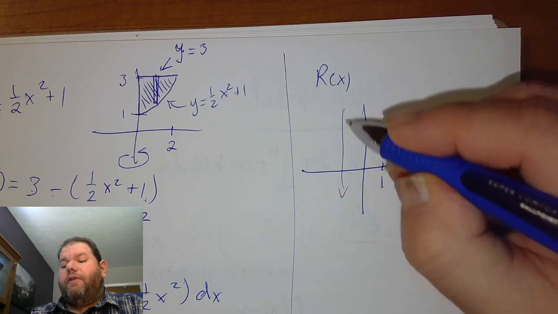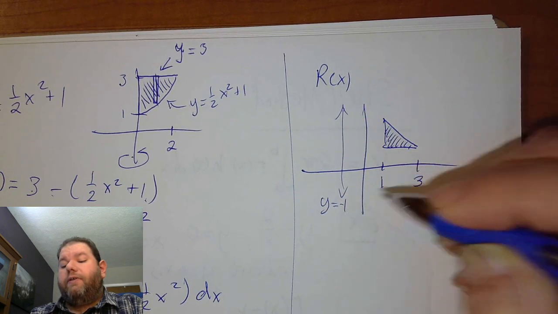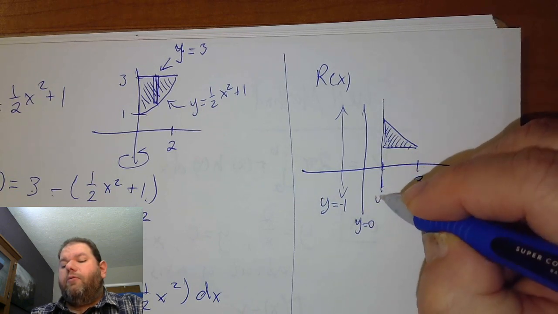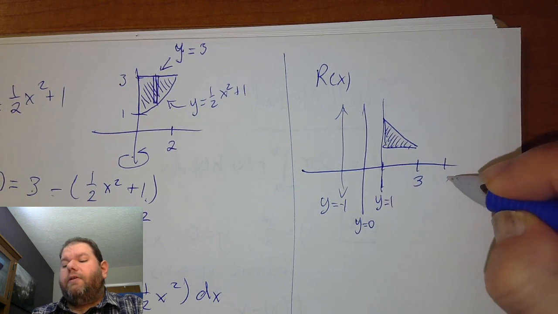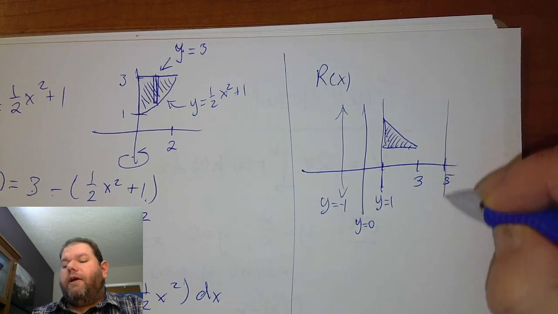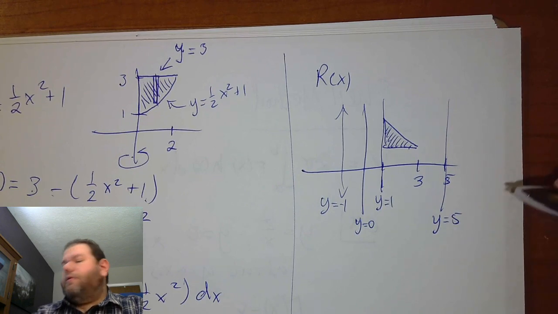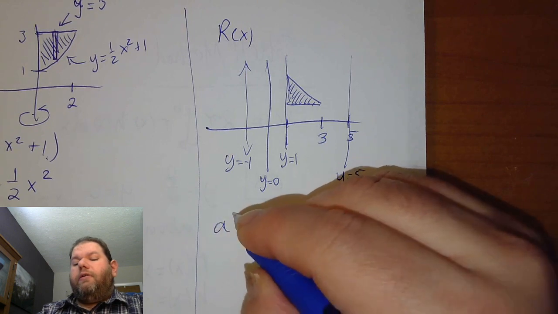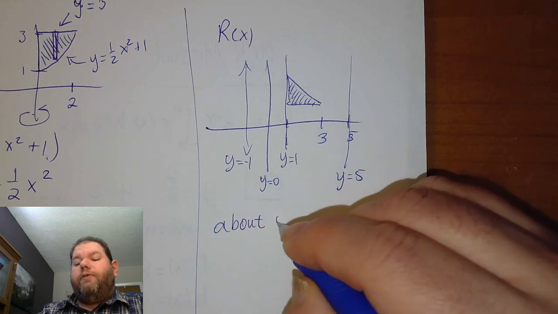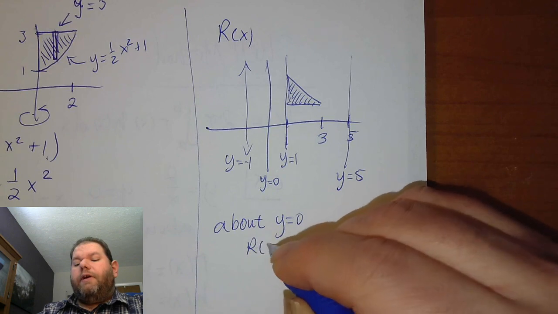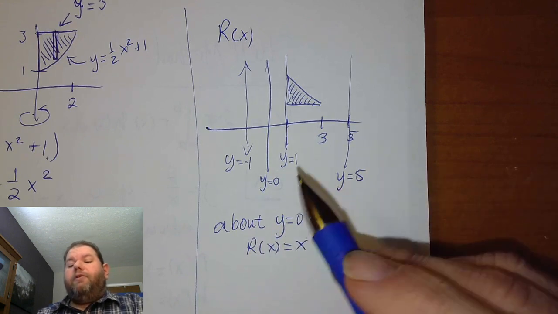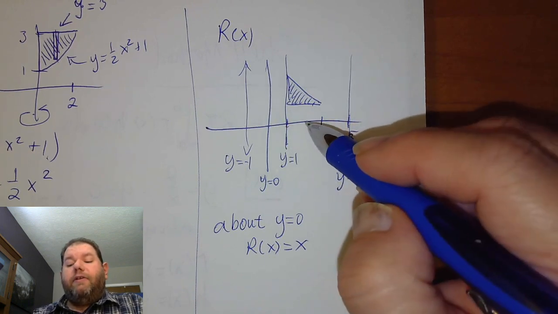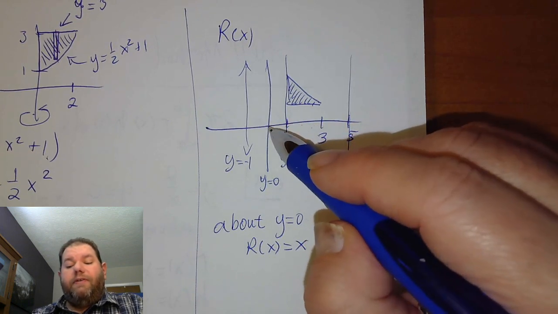We have the y equals -1 axis, the y equals 0 axis, the y equals 1 axis, and the y equals 5 axis. Let's say, now we said if we go about y equals 0, r of x is simply x.